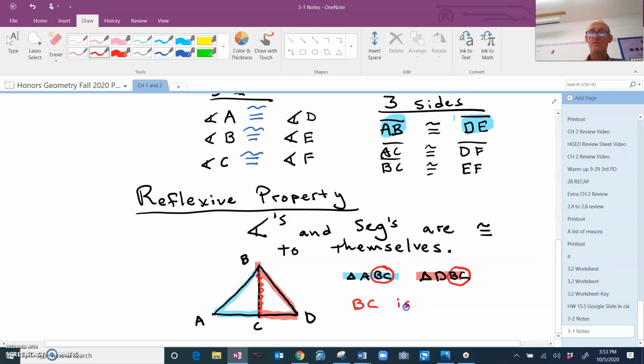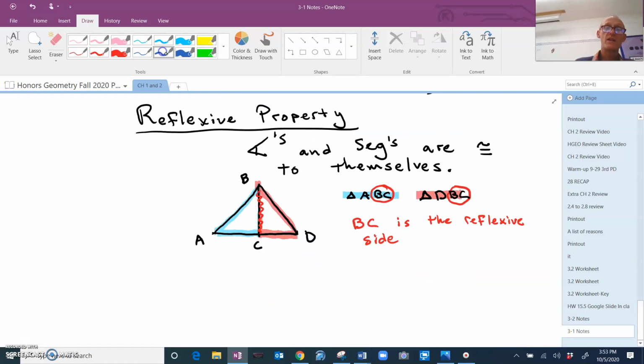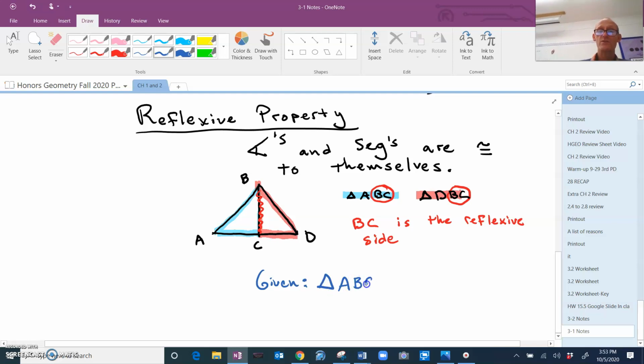BC is the reflexive side. Now, say you're given triangle ABC is congruent to triangle DBC. So ABC congruent to DBC.